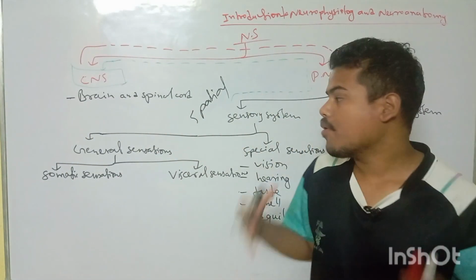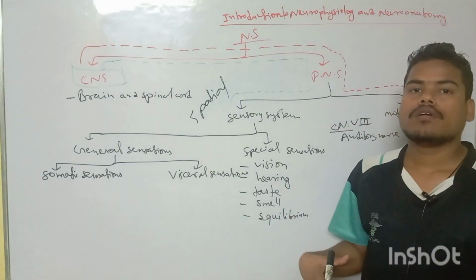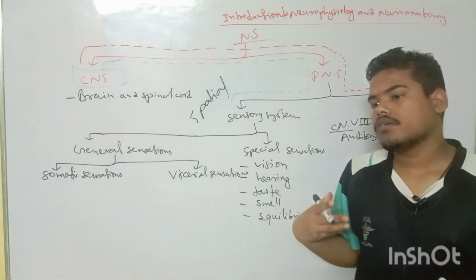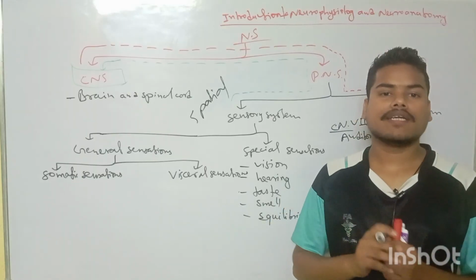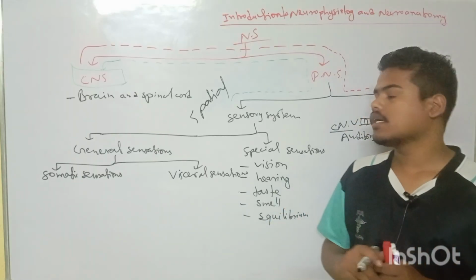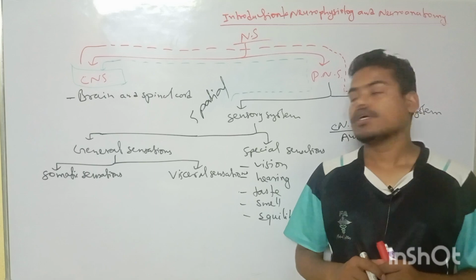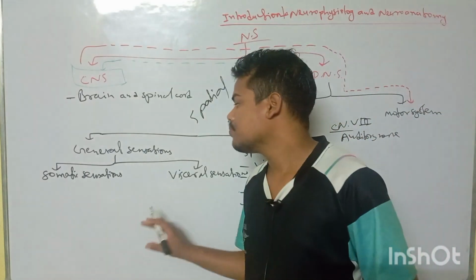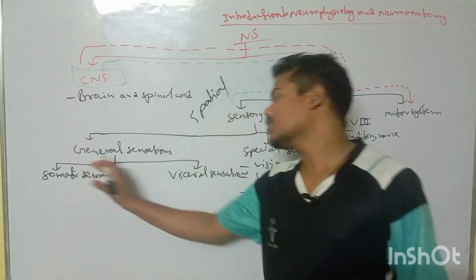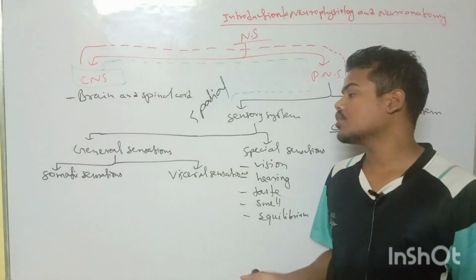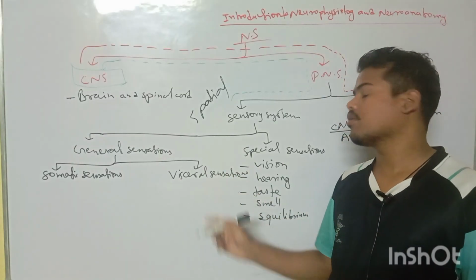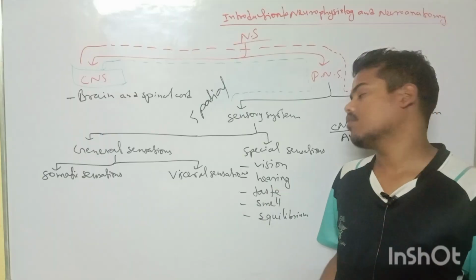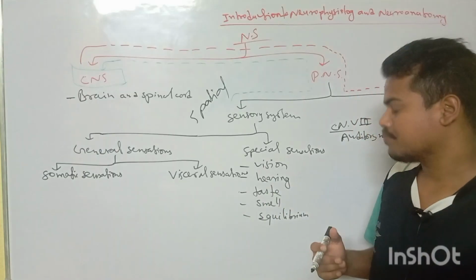Like in our body, mainly the derivatives are of two types. One is the somatic derivative and another is the visceral derivative. So as the name implies, somatic sensation will be carrying the sensations from the somatic derivatives, and the visceral sensation will be carried from the visceral organs or visceral organ system.